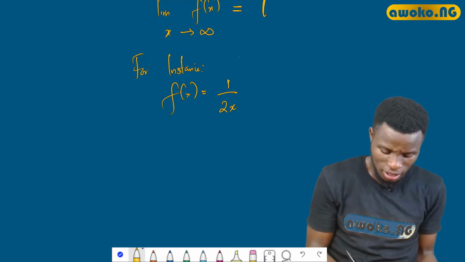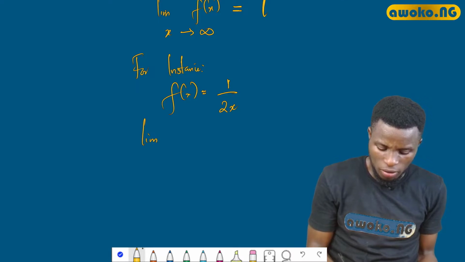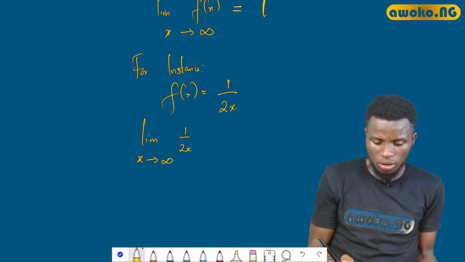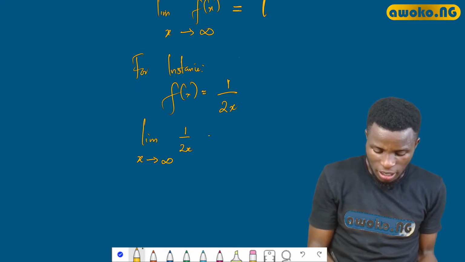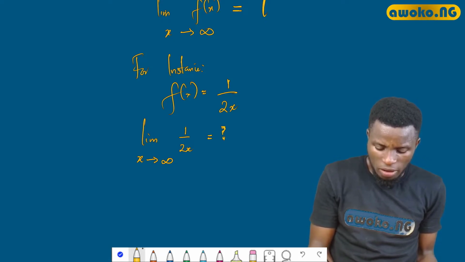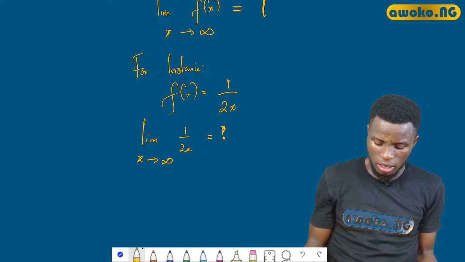So what I'm trying to say is we have the limits of the function 1 over 2x as x tends to infinity. That is what we're looking for. Then equal to, it must be equal to a value. But that value we don't know yet. I'll show you in a short while.